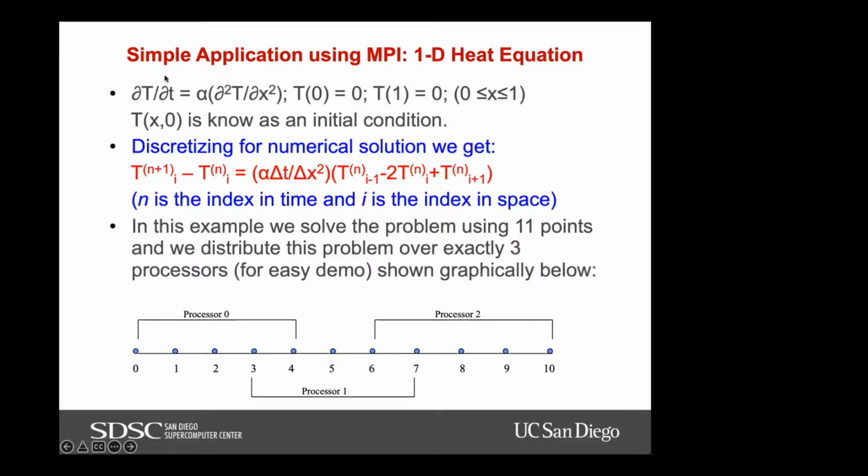So in numerical terms, what are we doing? We need the first derivative. That's the temperature at the next time step minus the temperature at the current time step, divided by delta t. That's the coarse first order derivative in time. And then for the second derivative, this is T_{i-1} minus 2 T_i plus T_{i+1}, the spatial derivative, divided by delta x squared, which gives you the second derivative in temperature in space.